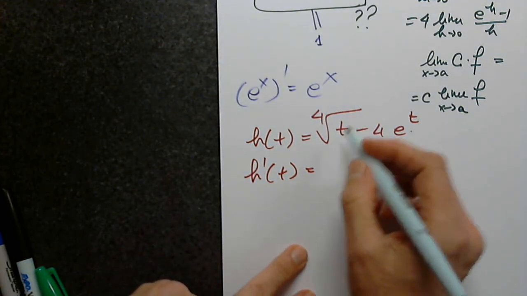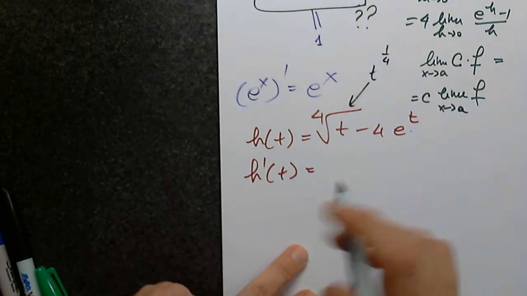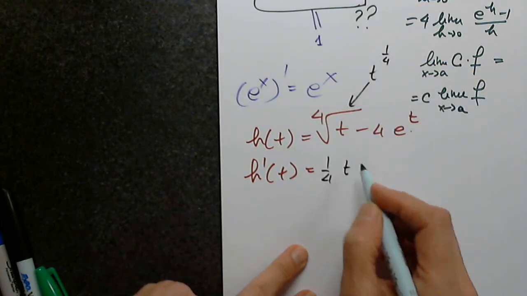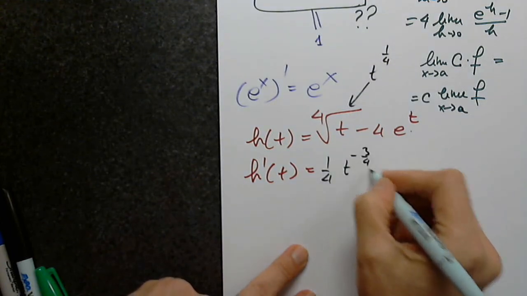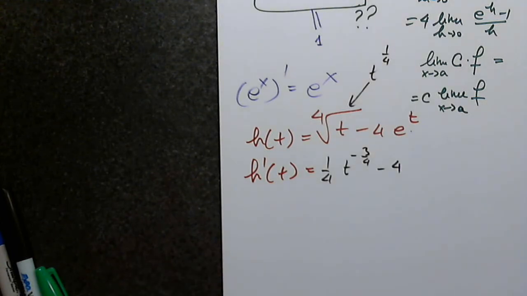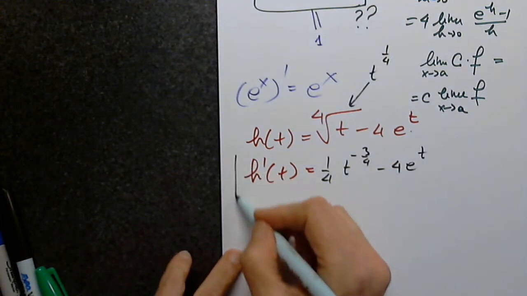Very good. So this is nothing else but t raised to 1/4. I bring 1/4 in front, and then t, and I subtract 1 from the power. From 1/4, I subtract 4/4. Very good. Negative 3/4. Minus 4 is a constant, like e to the x a minute ago. And how much is e to the t prime? e to the t. And this is it.